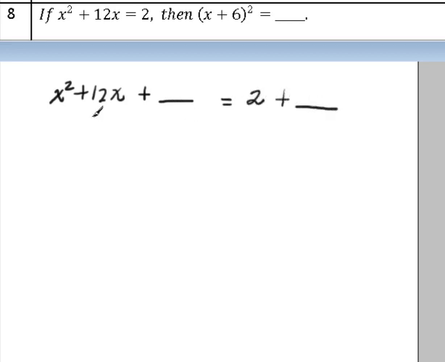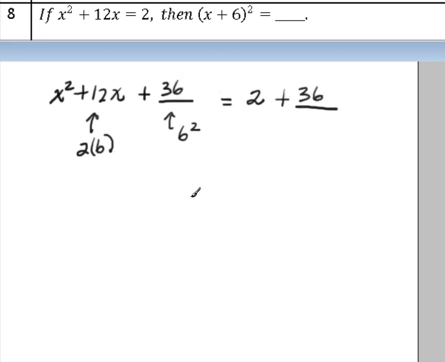I'm getting ready to add half the middle term squared to both sides, so I put these two blanks in here. All right, so now 12 is equal to twice 6. So that means to complete the square, we're going to be adding 6 squared to both sides. All right, so we're going to add 36 to both sides.